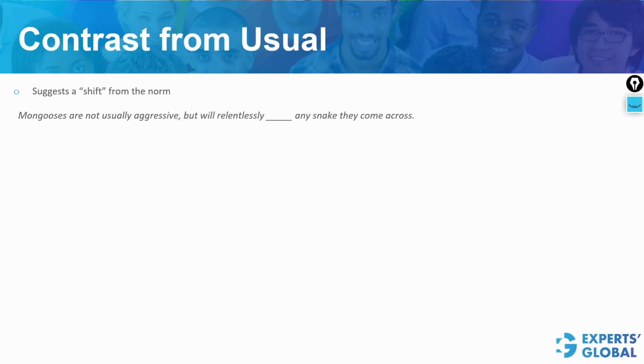In a sentence, contrast from usual suggests a shift from the norm. Let's take some examples. Look at this sentence. You can sense a shift from the norm here, in that mongooses are not usually aggressive, but so a contrast trigger here, they will relentlessly something any snake they come across.